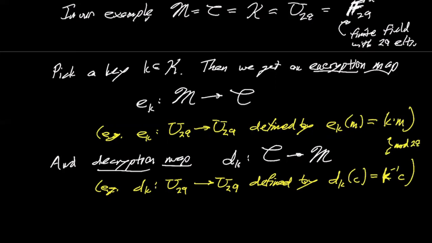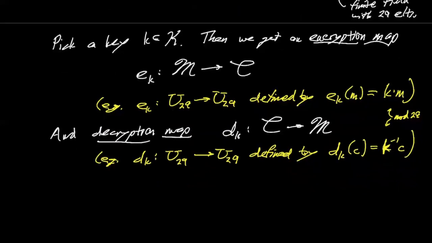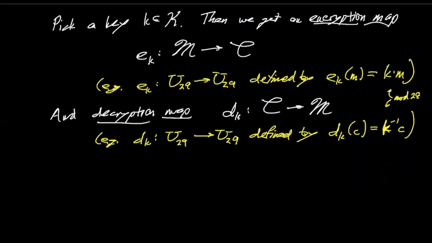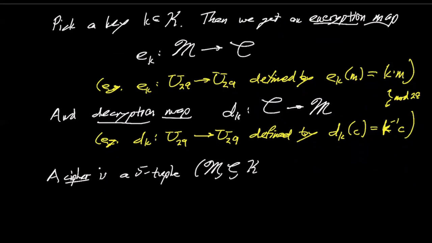Now this is kind of the formalism. In fact, I think the Hoffstein, Pipher, Silverman book says that a cipher is actually a 5-tuple. So you get into some ridiculous formality when you get into higher math. It's the 5-tuple M, C, K, E, and D. E and D are basically these functions.